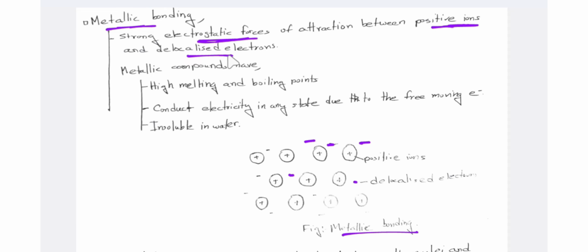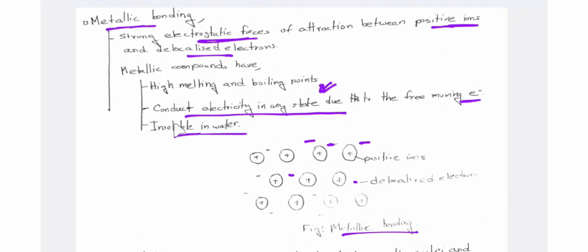Since delocalized electrons are present, metals can conduct electricity in any state due to the free moving electrons. And since it is a metal, it has high melting and boiling points, and metallic compounds are usually insoluble in water.